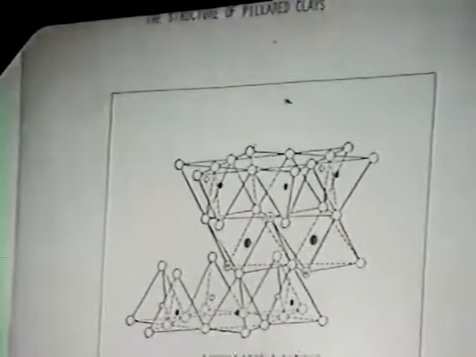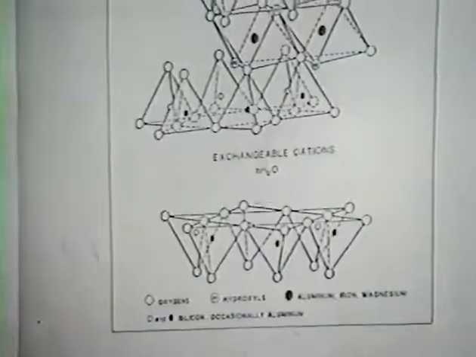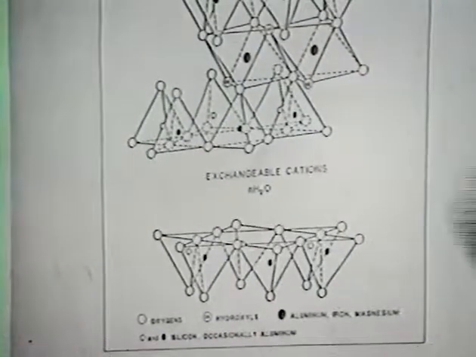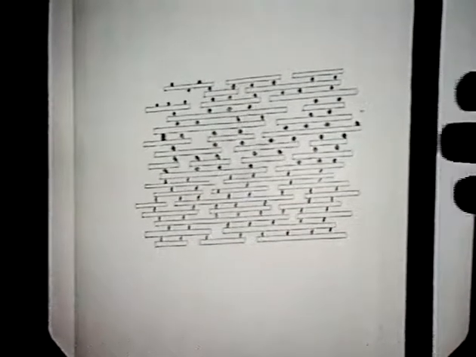If you want to see what they look like, they basically look like this. And here we have oxygen, and hydroxide, and aluminum, and so on. As you notice, they look very regular. As far as imagining exactly how they look, this is the way they look.